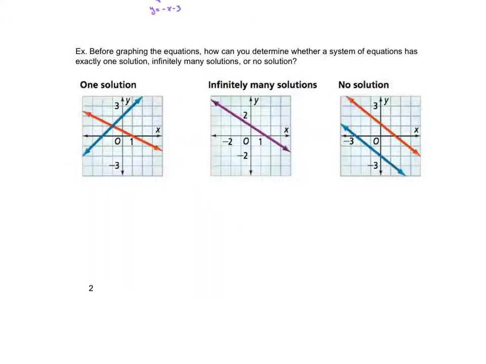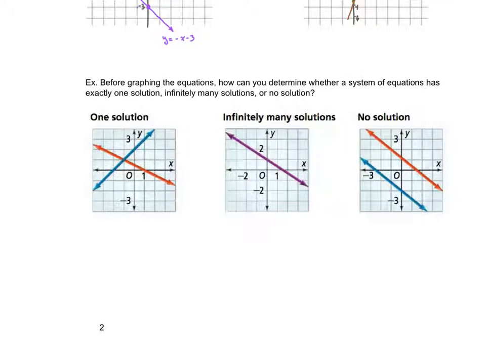And then, looking at these three examples of solutions, it says, before graphing equations, how can you determine whether the system of equations has exactly one solution, infinitely many solutions, or no solutions? Well, remember, if we have two lines, they will either be parallel, which means no solutions, or they will intersect, which means they have a solution.